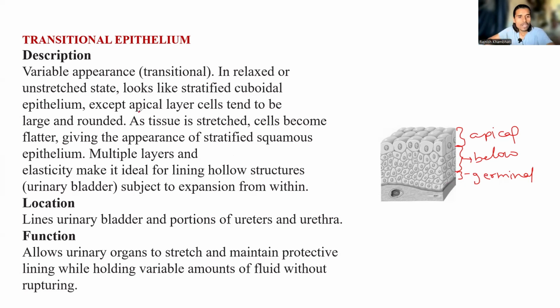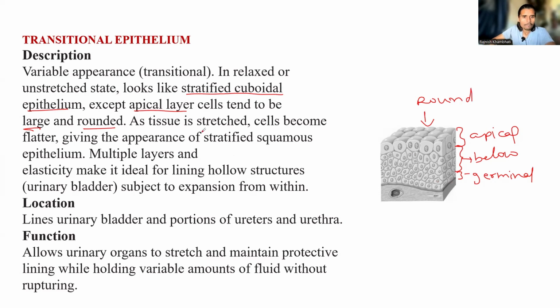Now, again, see, it looks like stratified cuboidal epithelium. It looks like, but it is not that type. Except at the apical layer, cells tend to be large and rounded. You can see from this angle how they look. They look round, not the cube shape, but round.